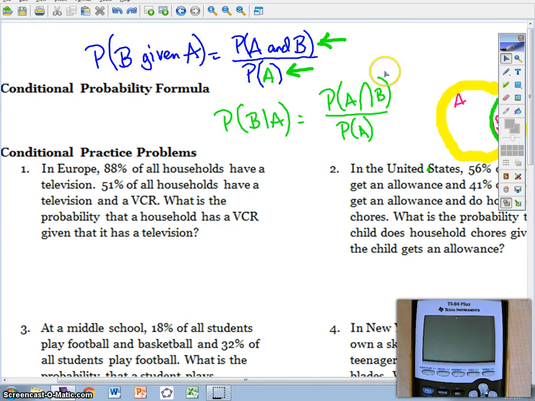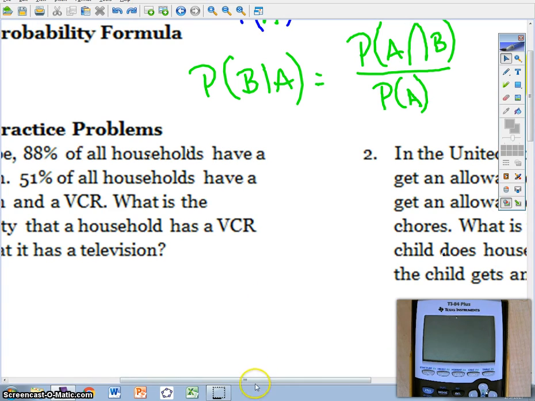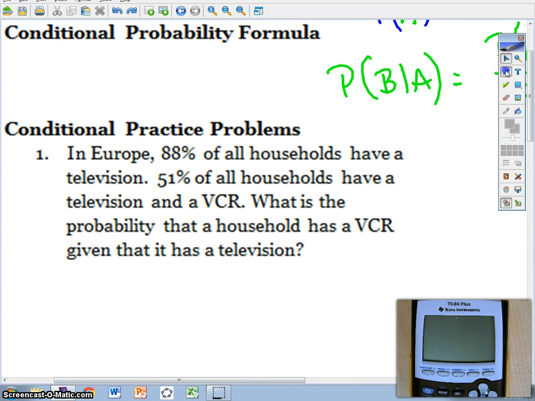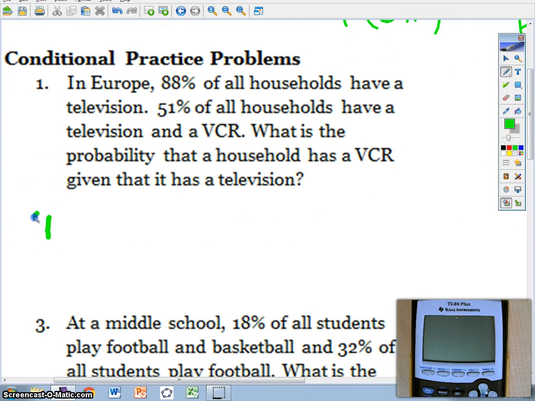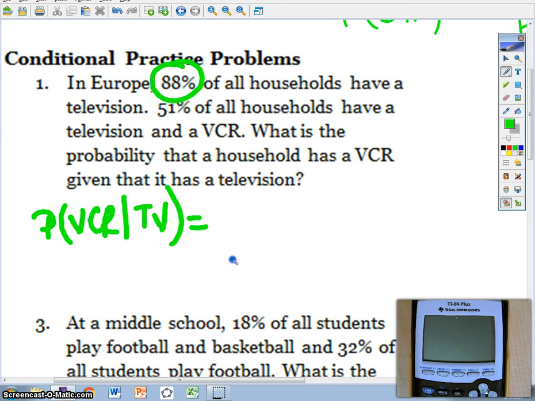All right. So in problem number 1 here. The probability of a house having a VCR, given that it has a TV. Again, we're no longer out of 100%. It's out of the 88% that actually have a TV. Well, 51%, okay? So that is your intersection. If we're actually going to draw a picture here, we'd have the TV side over here. That's 88%.